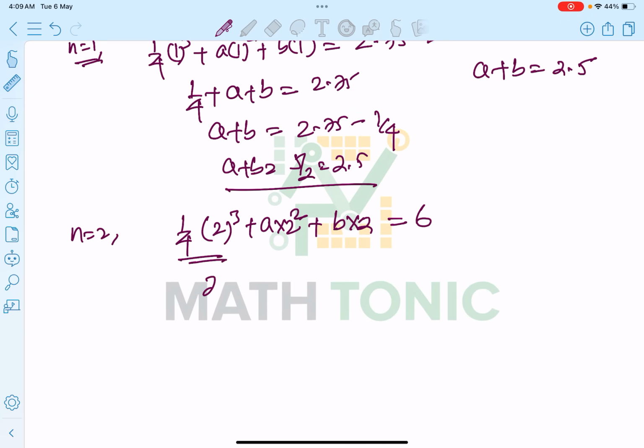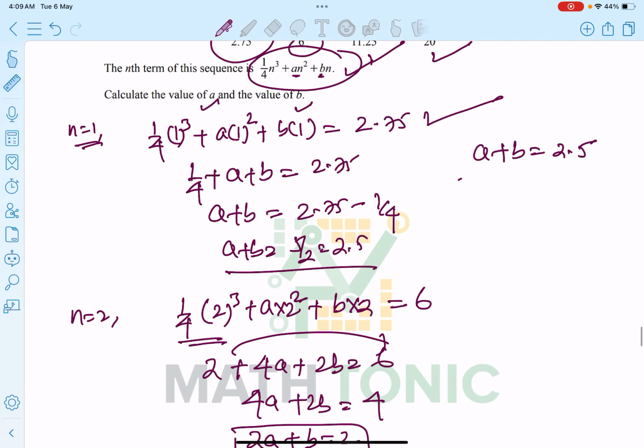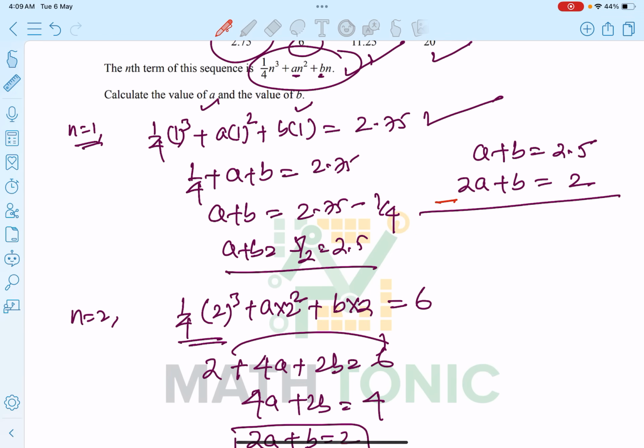This will be 2 plus 4a plus 2b equals 6. So 4a plus 2b equals 6 minus 2, which is 4. Divide by 2, we get 2a plus b equals 2. This is the second equation. Got it? Now if I subtract these, simultaneous equations, this becomes 0. What is a minus 2a?